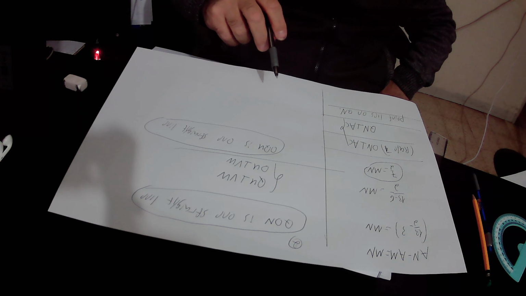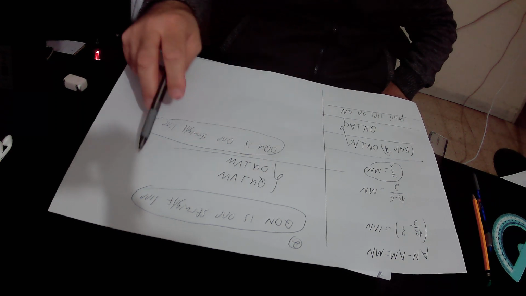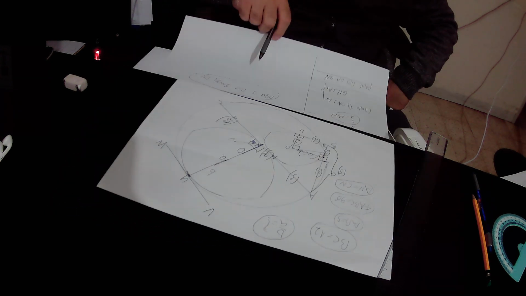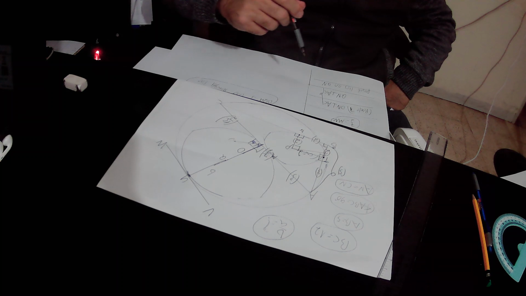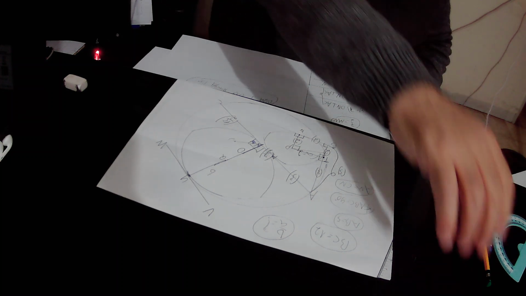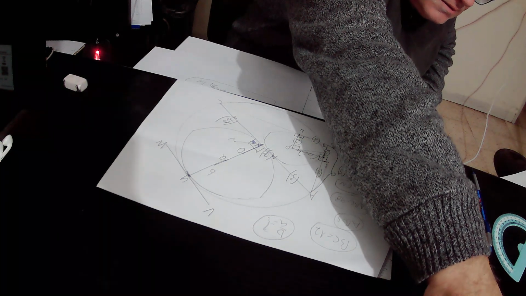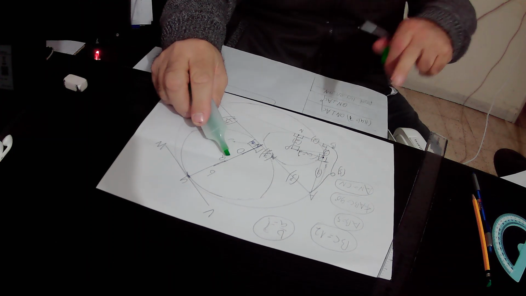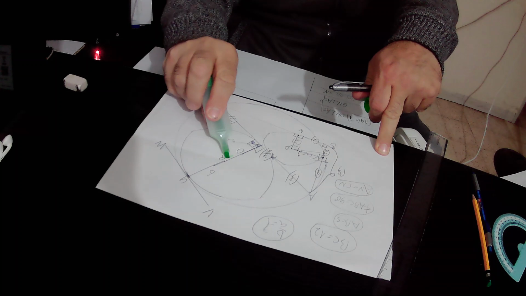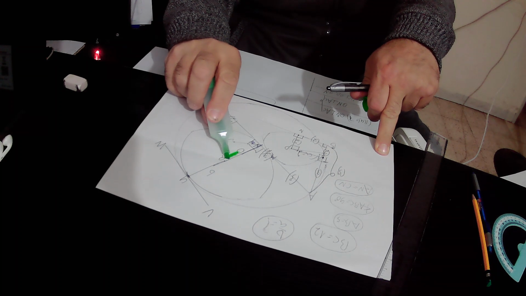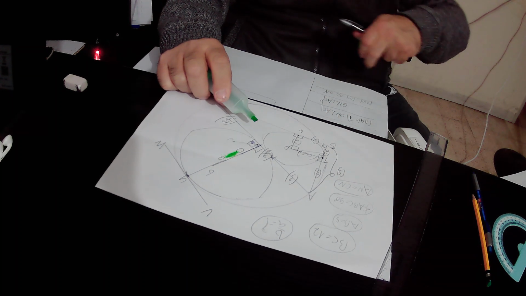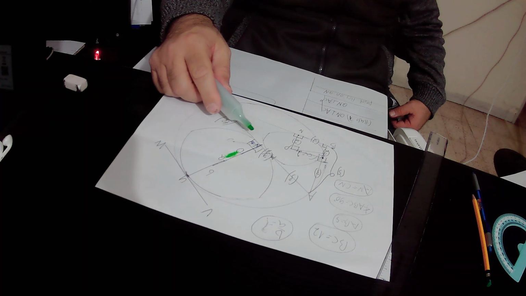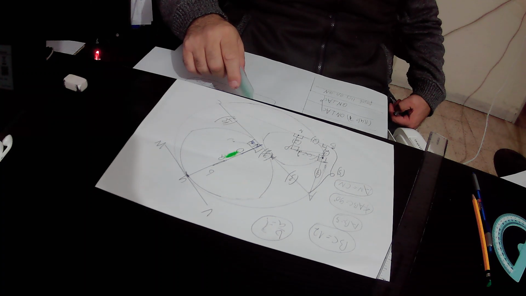So in conclusion, we know that QON is one straight line and OQU is one straight line. QON contains the two points Q and O, and it is one straight line according to what we already found out.